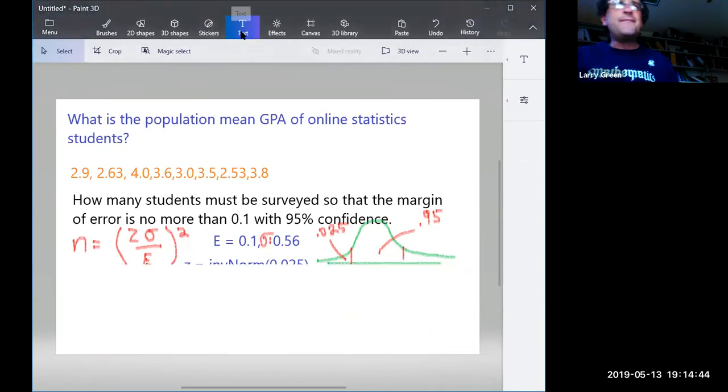So if you want to find out, for example, what percent of all Americans would vote for socialist, and you didn't know anything, right? You're coming out cold, you had no idea, then it's a different formula.